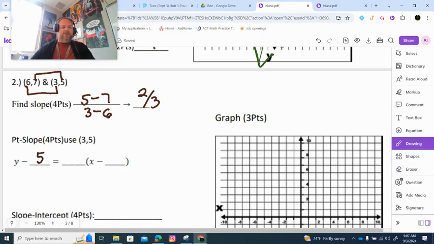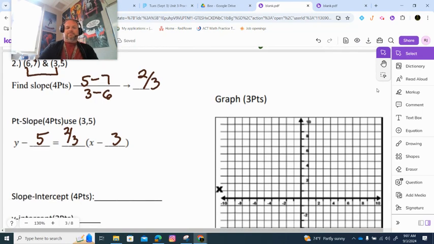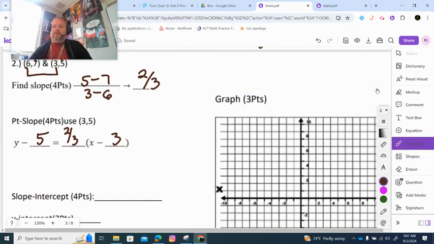so our five goes here, our three goes here, our two thirds goes here. Okay, so when we are doing this one, all right, we're going to leave this alone. 2/3 times x is just 2/3 x. Okay. Now, 2/3 times 3. Oh, fractions. Wow. I can't multiply fractions.